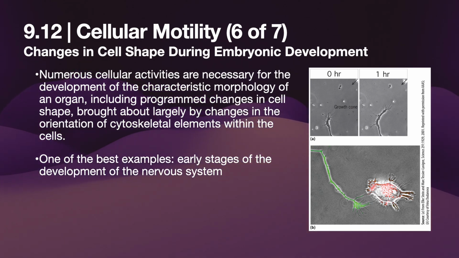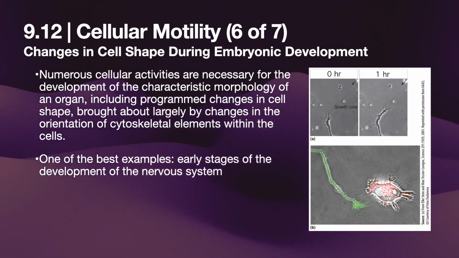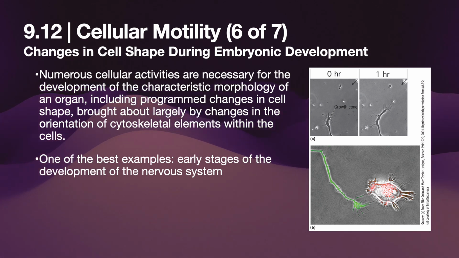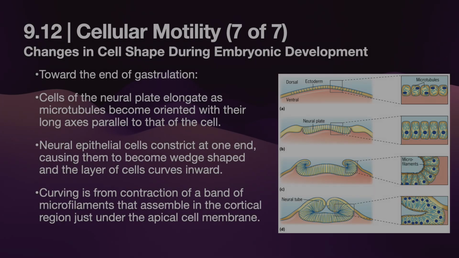In embryonic development, numerous cell activities are necessary for the development of the characteristic morphology of an organ, including programmed changes in cell shape, brought about largely by changes in the orientation of cytoskeletal elements within your cells. One of the best examples is the early stages of the development of your nervous system.